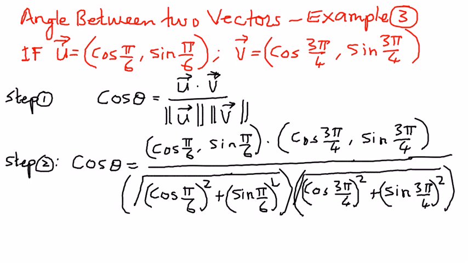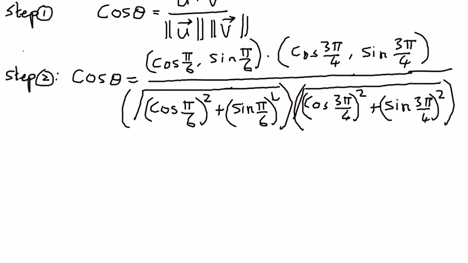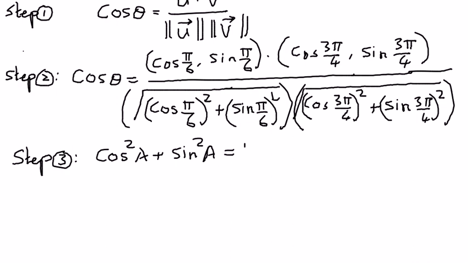Okay. Now, from trigonometry we know some fundamental truths. I will write that as step number 3. We know that cosine squared a plus sine squared a is equal to 1.